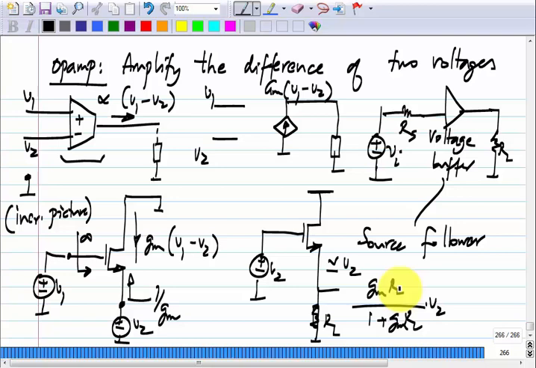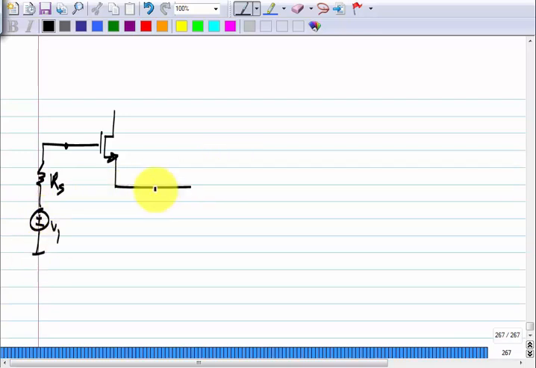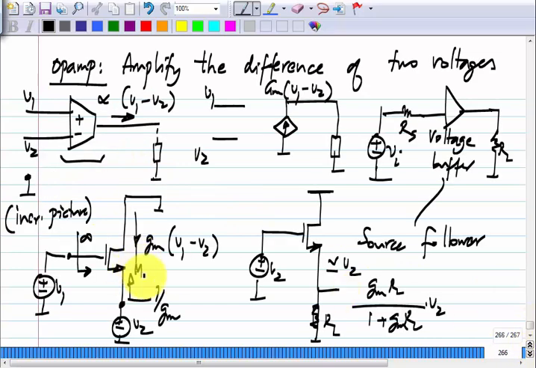So, the next thing to try is this. Let me label the transistors also. M1 is what I think of as the amplifier transistor, and M2 is the voltage buffer.